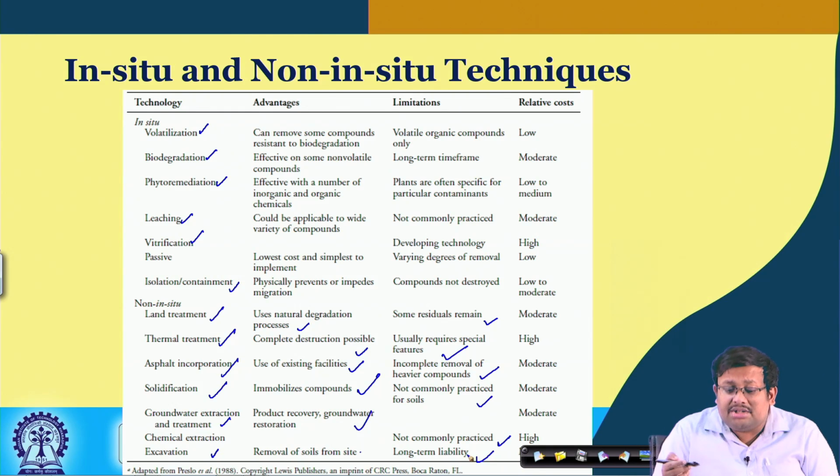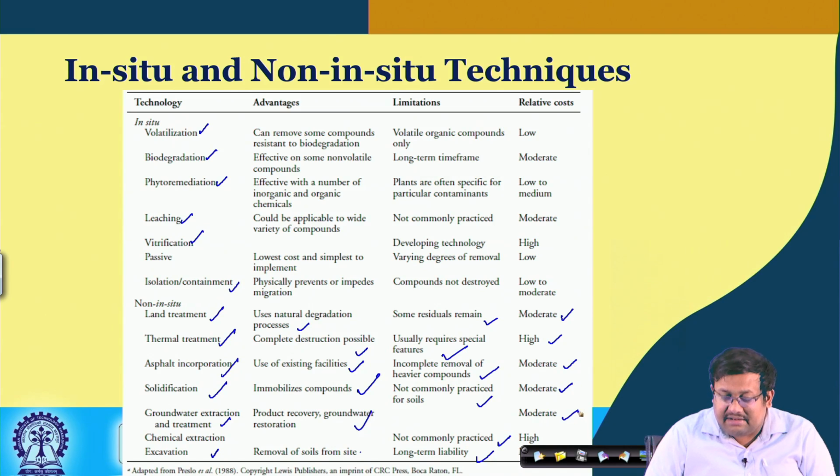If we see the relative cost, land treatment has a moderate cost involvement. Thermal treatment has very high cost involvement. Asphalt incorporation has moderate, solidification has moderate again, and groundwater extraction treatment has again moderate.